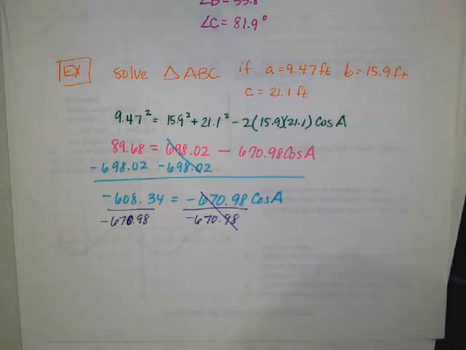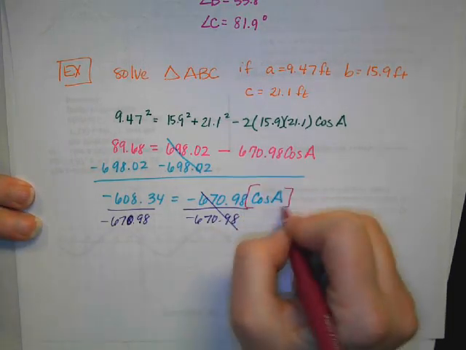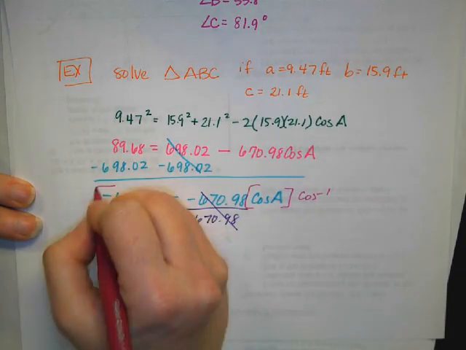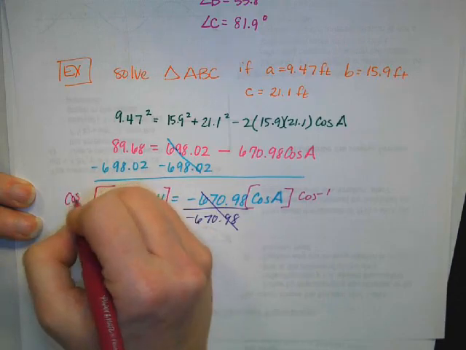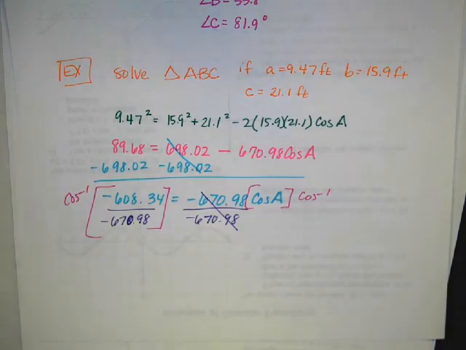So I'm going to arc cosine. And I get 24.9.